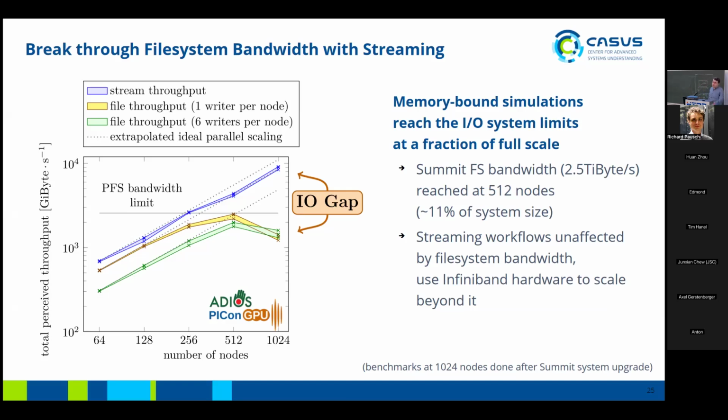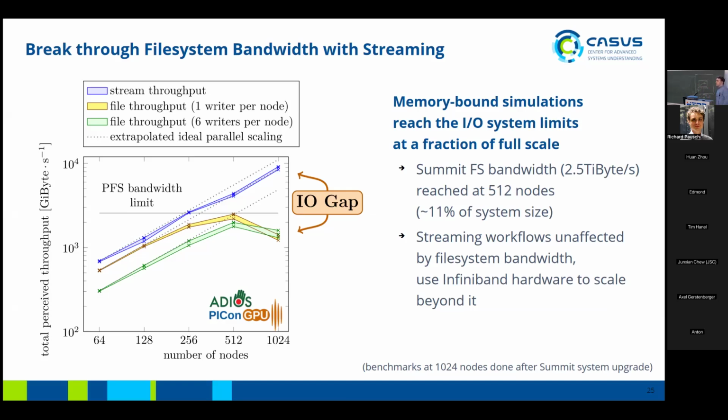And this is actually a very good I/O result still, because it shows that with ADIOS we were able to get close to what the system can give us. But of course, even the best code cannot do witchcraft and go beyond what is possible.